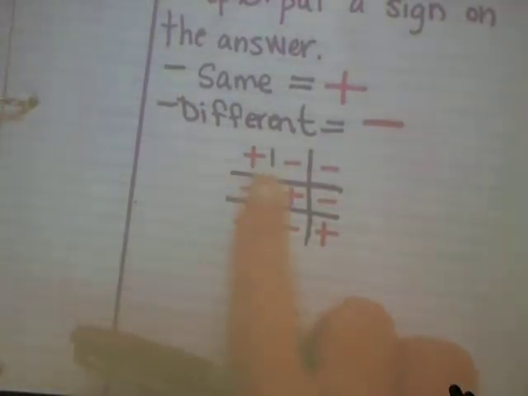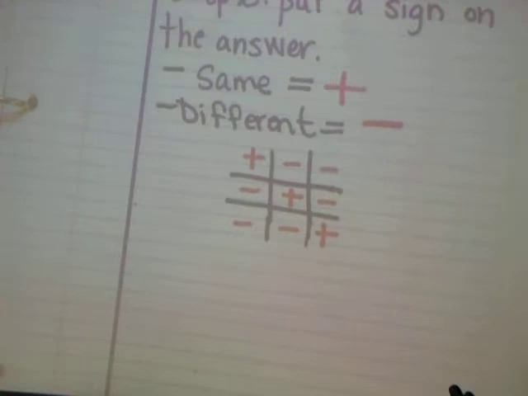So a positive times a negative is a negative, a negative times a positive is a negative, a negative times a negative is a positive. And of course, you've already worked in the positive realm, you know a positive times a positive is a positive. So no matter which way you go in, this is going to tell you what sign to put on your answer if you forget what the rule is.